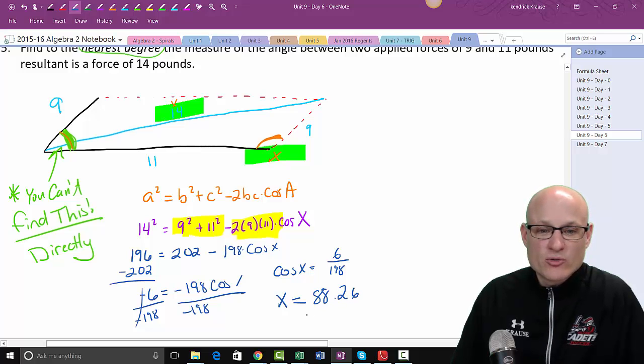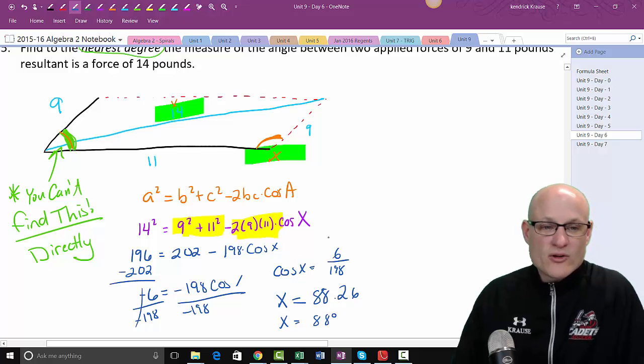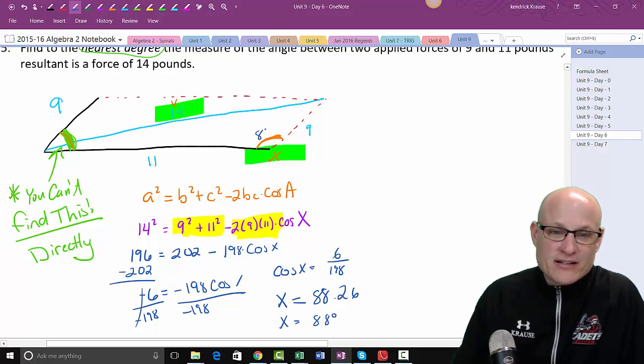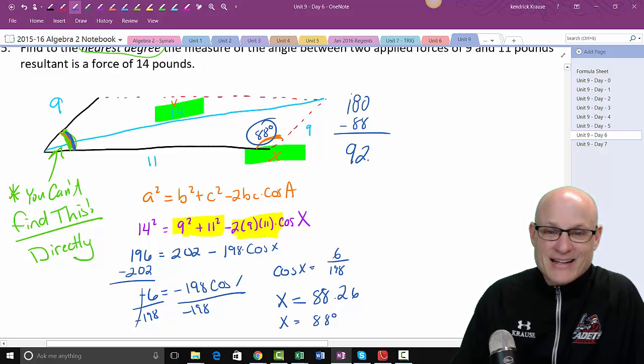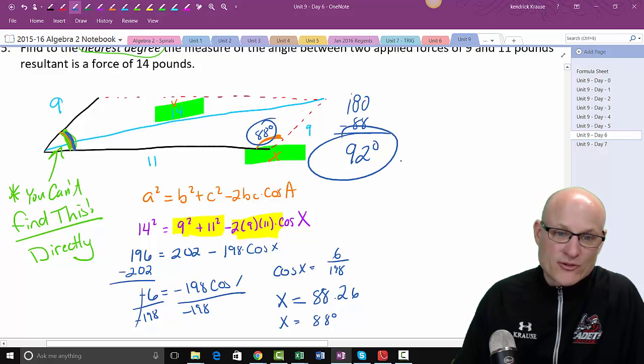Rounded to the nearest degree, that's x equals 88 degrees. If this is 88 degrees, then this should be 180 minus 88, otherwise known as 92 degrees. So that should be the answer.